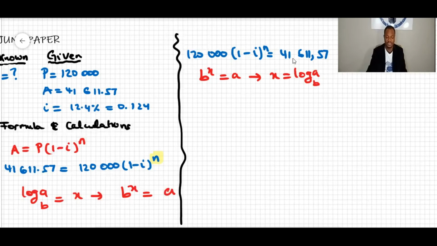So first I can get rid of the 120,000. We have (1 minus i) to the power of n equal to 41,611.57 over 120,000. To work out n, I can just use the property above.